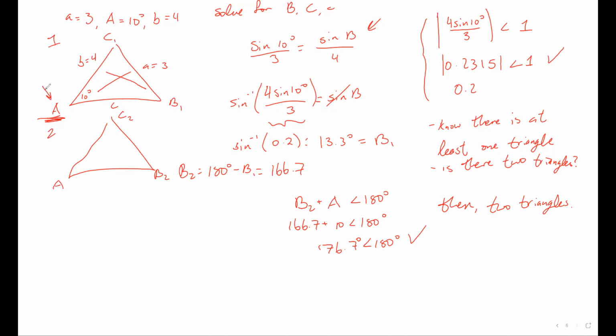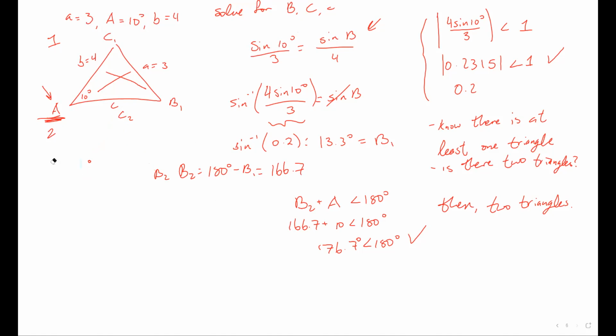I'm going to keep A the same though, because A is the same in both triangles, since they gave it to us at the very beginning. Okay, so this is now our triangles.